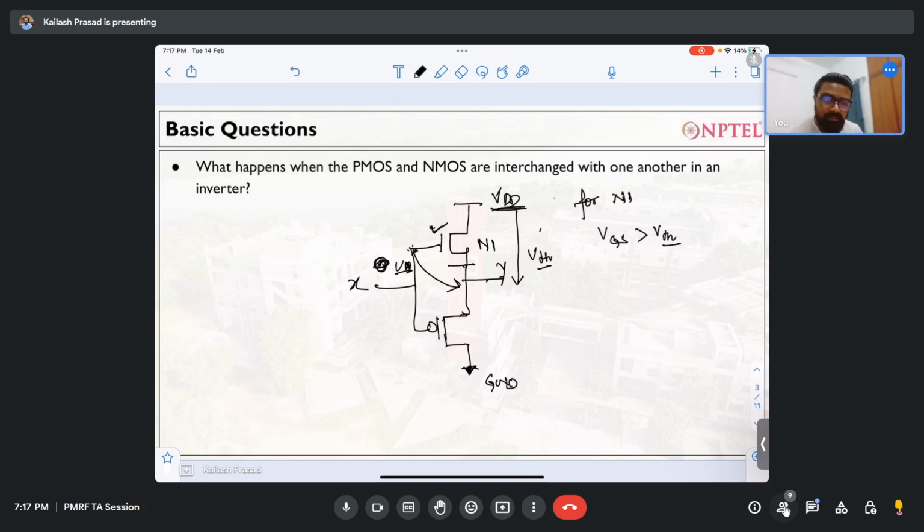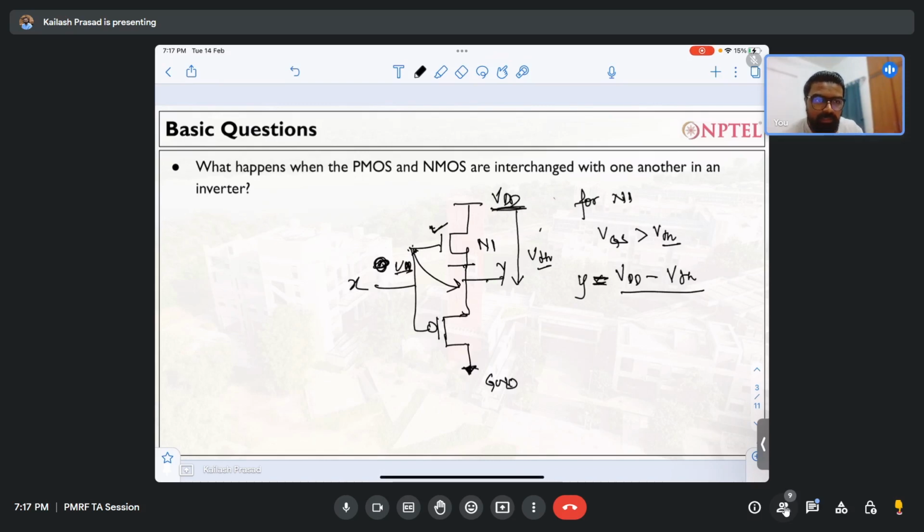But what will be the output node? The output node will not be VDD. It should be at most VDD minus VT. Y should be less than VDD minus VTH. In this case, Y will be equal to VDD minus VTH.